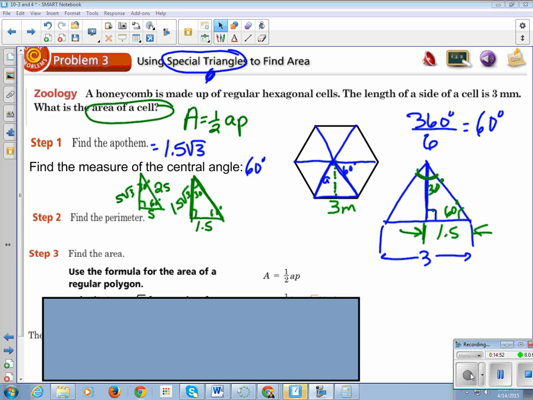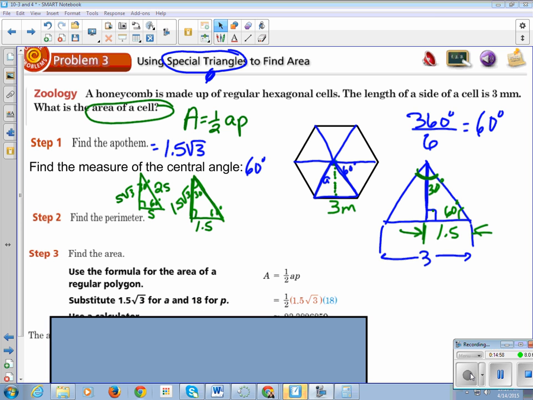So the formula for the area, again, is 1/2 the apothem times the perimeter, although we didn't technically find the perimeter. The perimeter is 3 times 6, because I have 6 sides, which is 18. Then the apothem is 1.5 times the square root of 3.